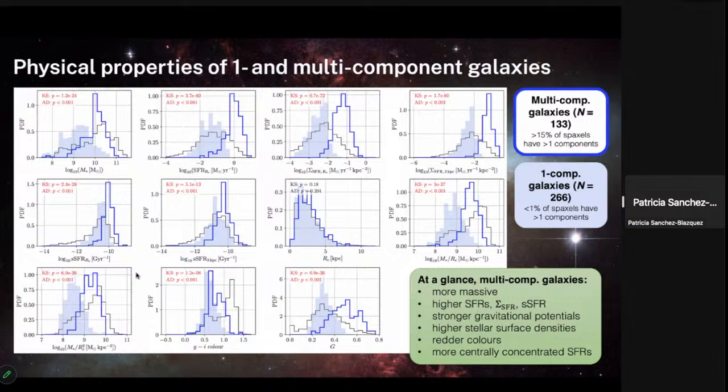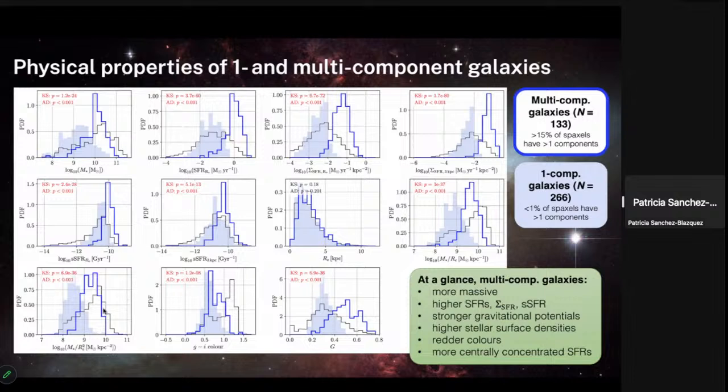The ones with multi-components is the blue one. Yes, this one is the multi-component, this is the one component, and the black is the full SAMI Galaxy Survey. So that includes galaxies of all types, and there will be a lot of early type galaxies in here, which is probably why it looks so skewed.